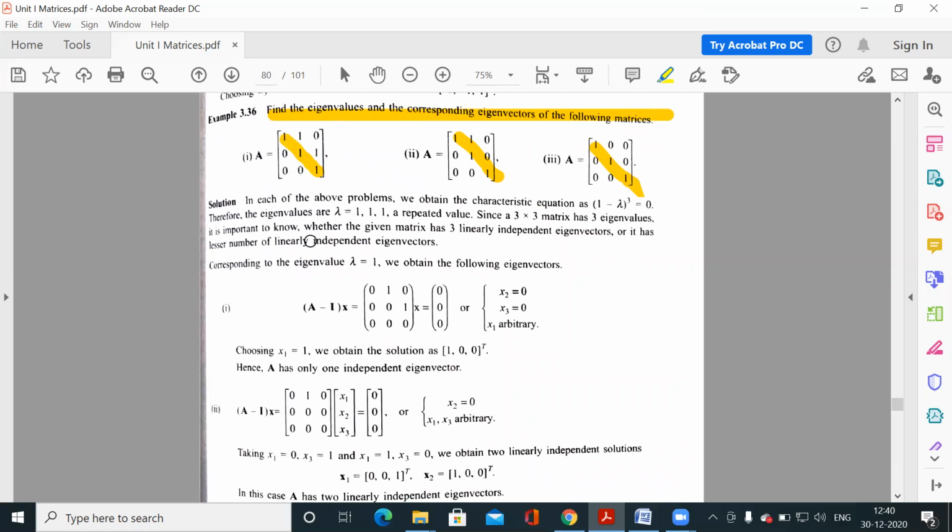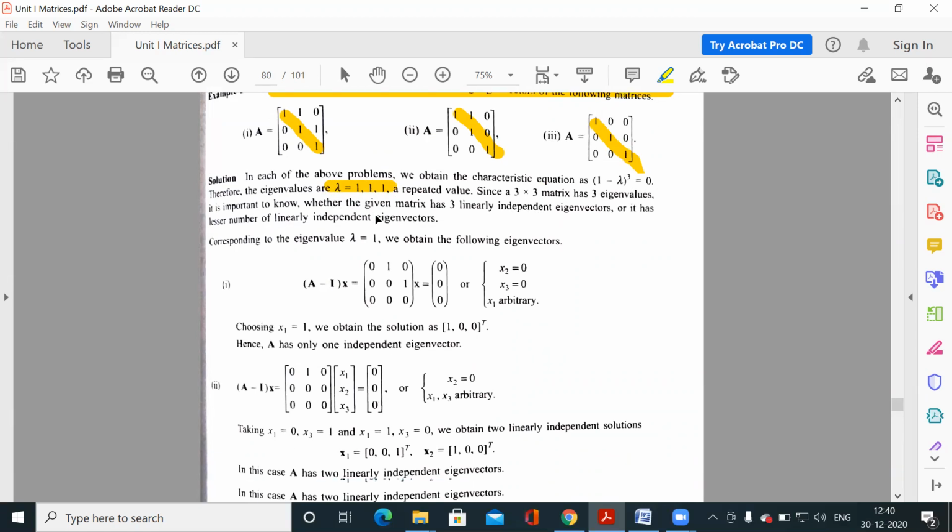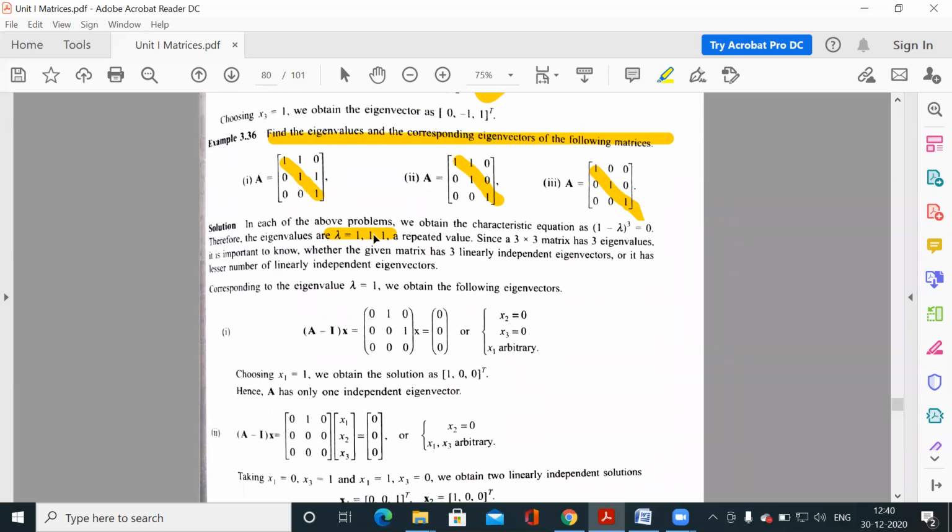So for each of these three matrices, the eigenvalues are 1, 1, 1. So only one eigenvalue which has multiplicity 3. Now find the eigenvector corresponding to this eigenvalue.